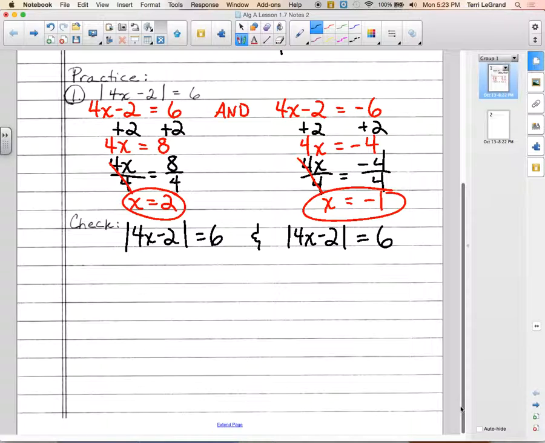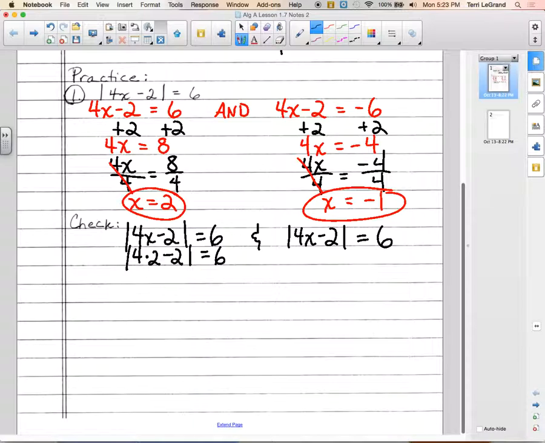So now we're going to substitute into that. We're going to say we have the absolute value of 4, and that's going to be times 2, because we're going to put that 2 in there for x. Then we bring down our subtract 2, our absolute value bar. So all we're doing in this step is a substitution in place of the x, putting our 2.